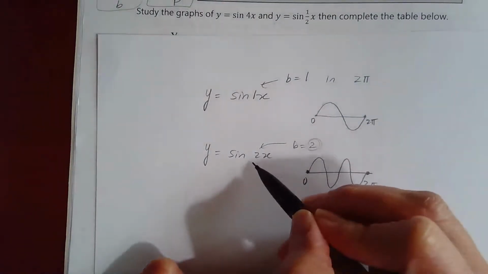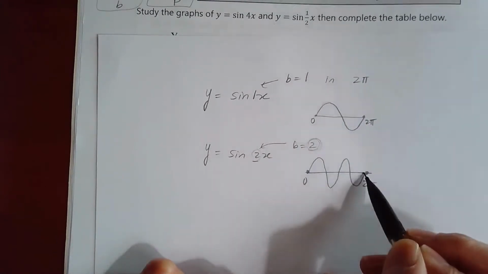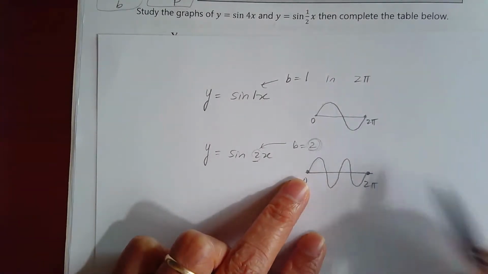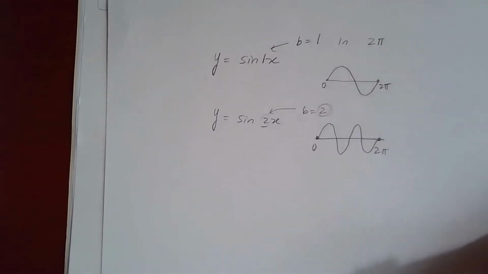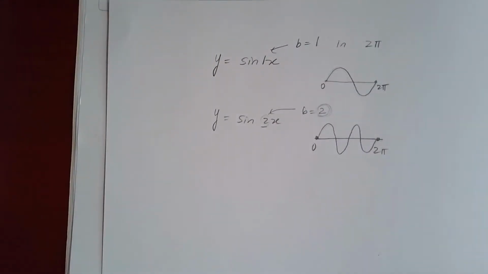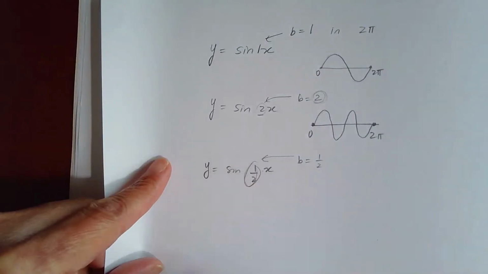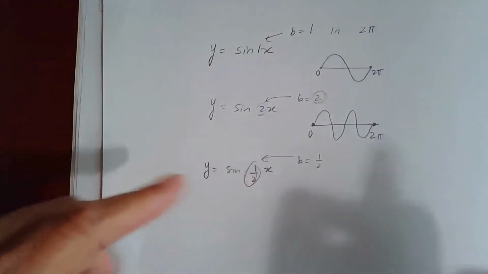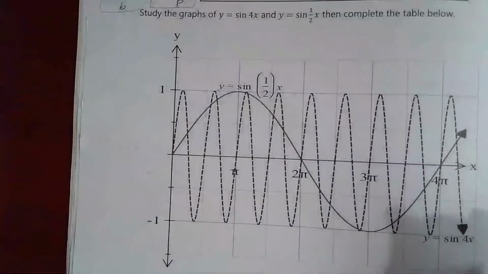So this tells us that in the span of 2 pi, there's going to be two complete waves. Okay, so that's what that means. With a smaller b, you're going to only have half a complete wave in the span of 2 pi. So in that case, we have to stretch it. We'll see it in a few minutes.